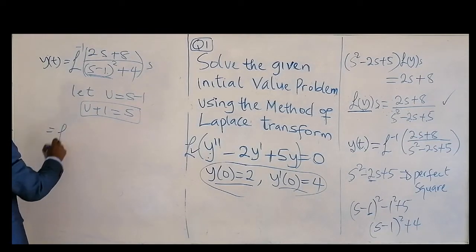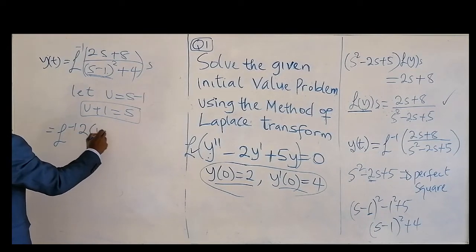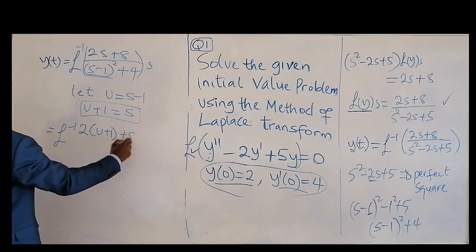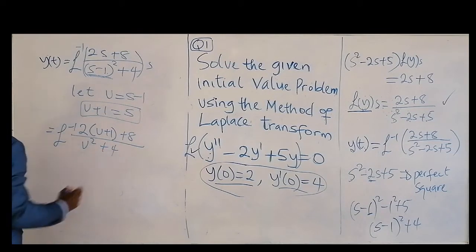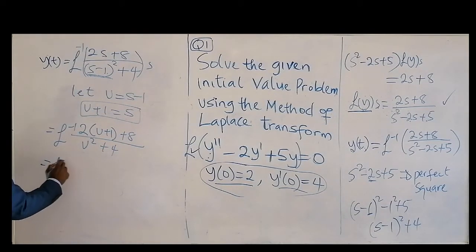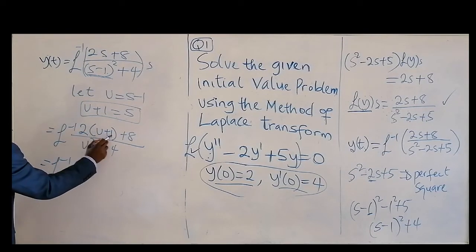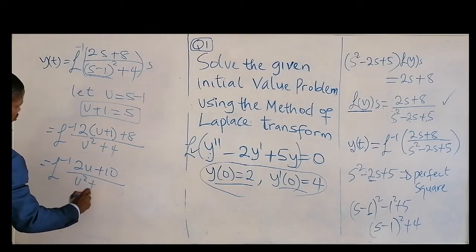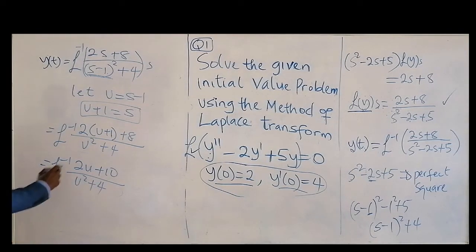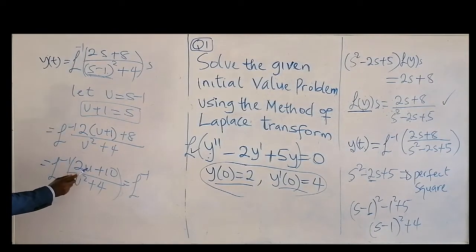We have inverse Laplace of 2 times the bracket u plus 1, and then plus 8, all over u squared plus 4. Do the expansion, that will be inverse Laplace of 2u, 2 times 1 plus 8, that's plus 10, all over u squared plus 4.